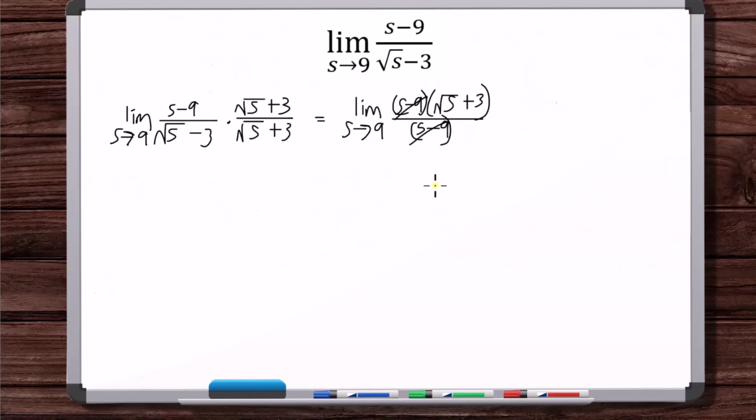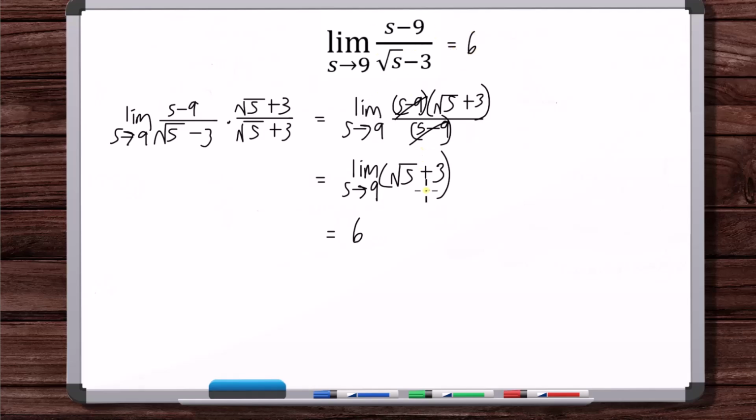So the s minus 9s cancel, and you're left with, so now plugging in 9, you get square root of 9 is 3 plus 3 is 6. So this limit is equal to 6.